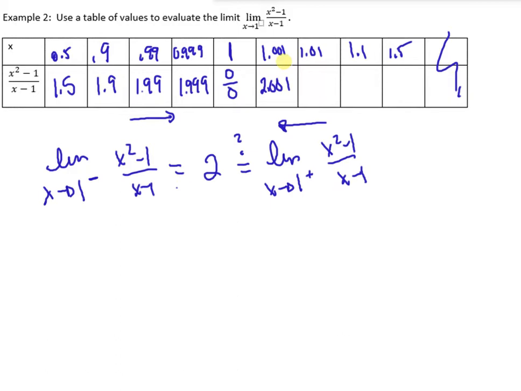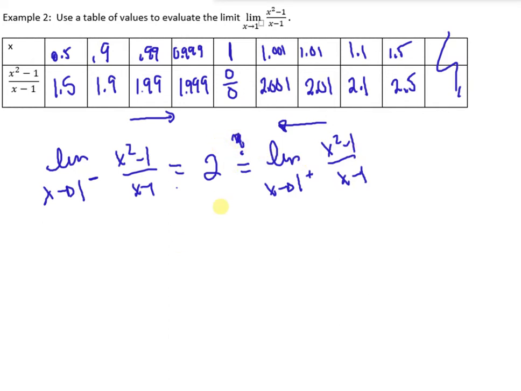The next one, 1.01 squared minus 1 divided by 1.01 minus 1, I get 2.01. And I'm guessing this is 2.1. Then we'll do 1.5 just to show you it's a little bit different. It's going from 2.5 to 2.1 to 2.01. It's getting closer and closer to 2.